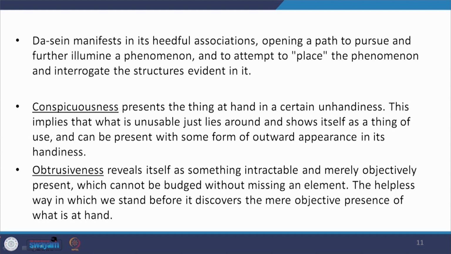On the other hand, obtrusiveness reveals itself as something intractable, comparatively more intractable and merely objectively present, which cannot therefore be budged or used without missing an element. The helpless way in which we stand before it discovers the mere objective presence of what is at hand.